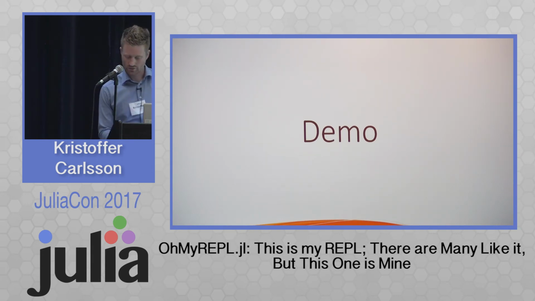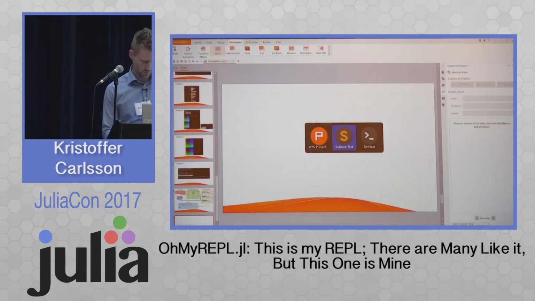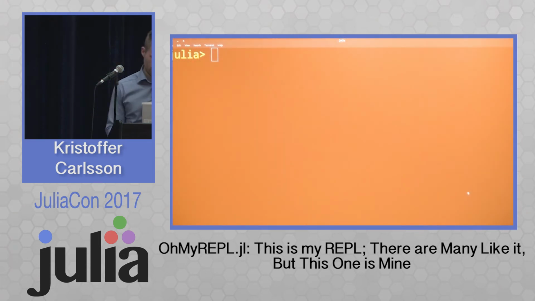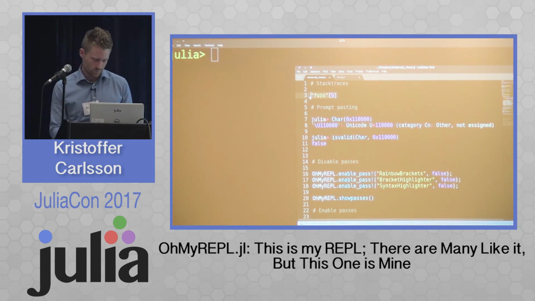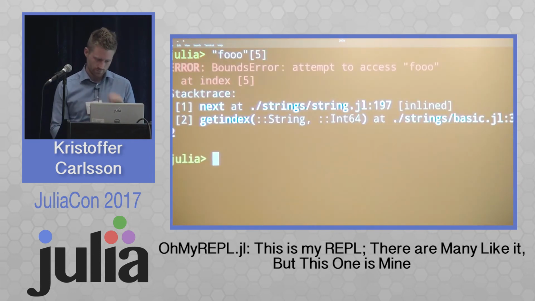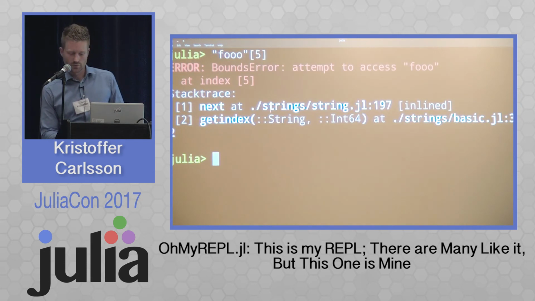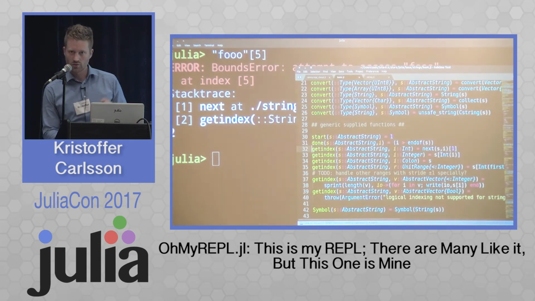Let's try a bit of demoing now then. First, I want to show you the new stack traces. Let's say we make a string and we index it out of bounds. Now we can jump to these stack frames by just entering 2 and then Control-Q, and it will open in your editor where that stack frame is.